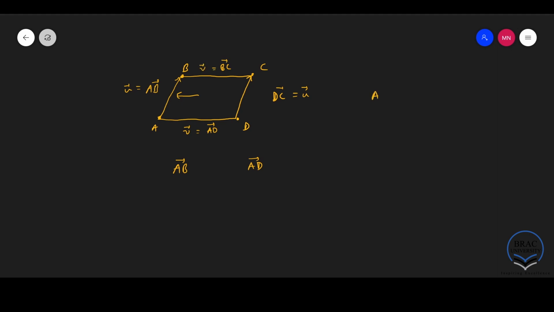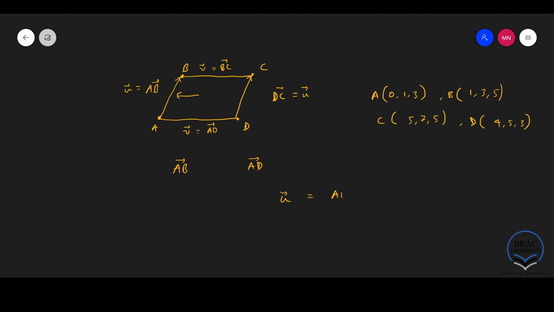Now let's say that the point A has the coordinates 0, 1, 3, the point B has the coordinates 1, 3, 5, the point C has the coordinates 5, 7, 5, and the point D has the coordinates 4, 5, 3. So what I can do is find the vectors U and V first.